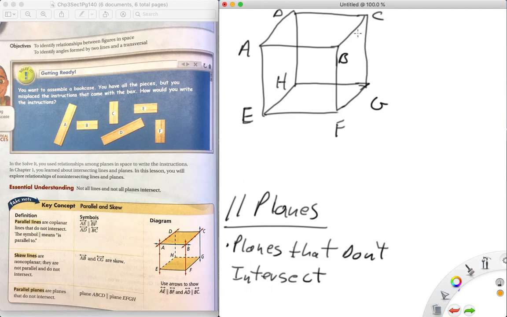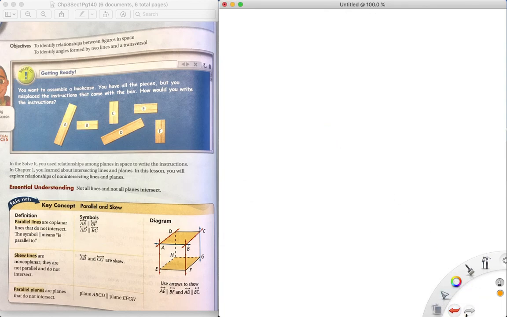We have plane CBG and plane AHE, left and right. They're going in the same direction and they will never intersect. They are parallel planes.